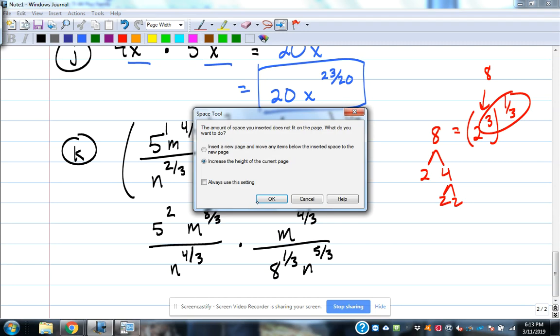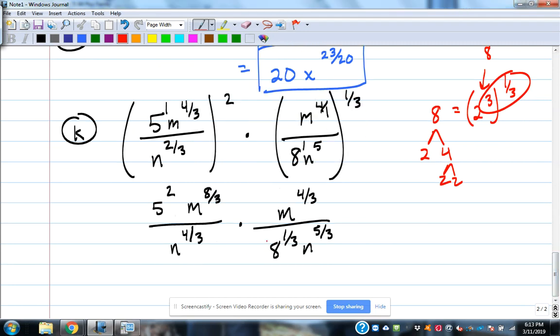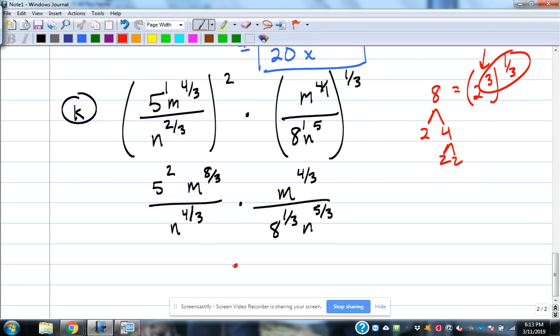So they end up being 2 to the 1st power, which is just 2, right? So I end up with m to the 4/3 over 2 n to the 5/3. So I'm simplifying that second fraction because it can. What do we know 5 squared is? It's just 25.